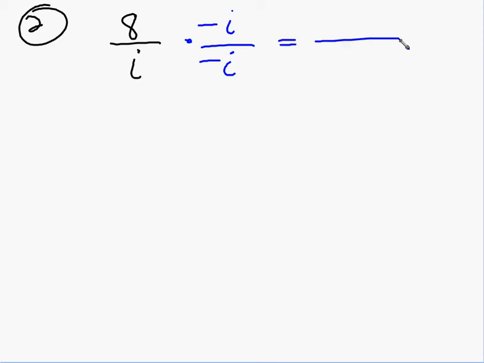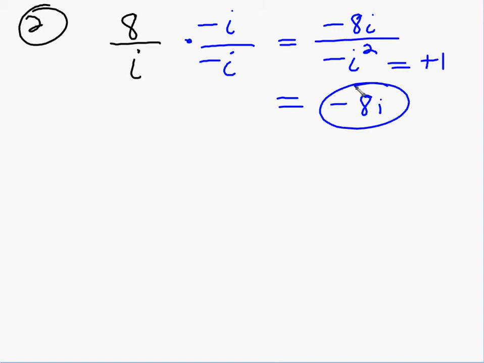So on the bottom, I have negative i squared. On top, I have negative 8i. Well, negative i squared is the opposite of negative 1, which is positive 1. So this thing right here is positive 1, so this is just going to be negative 8i. Pretty easy.